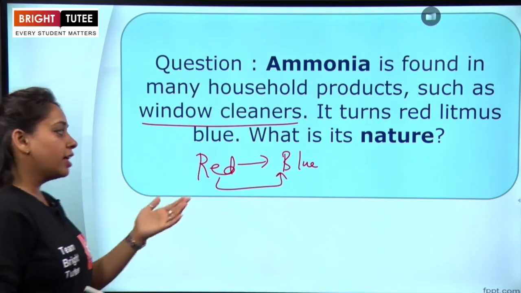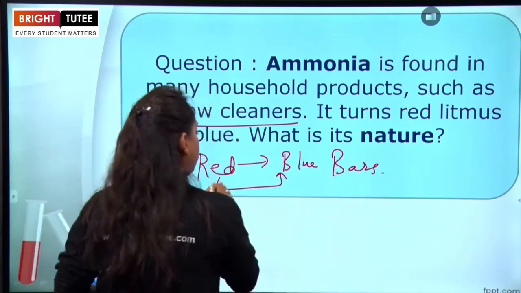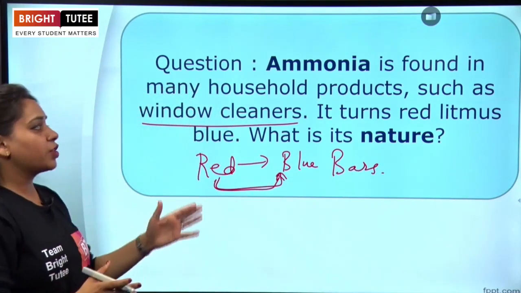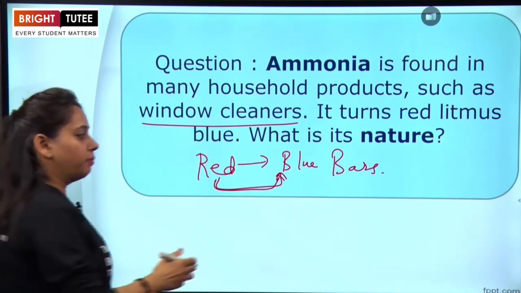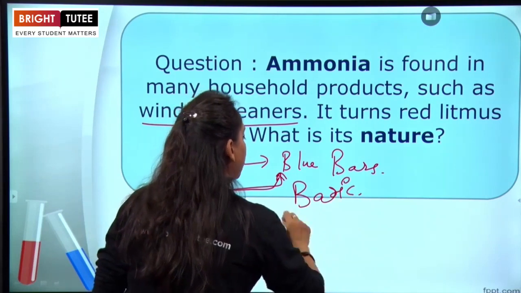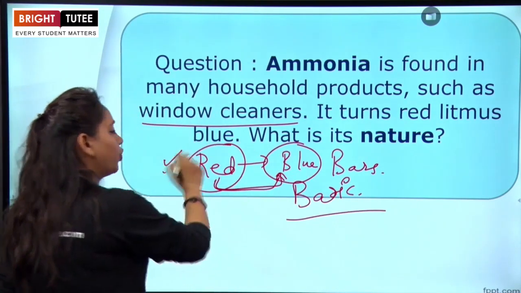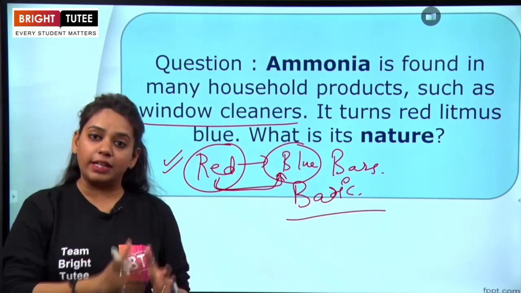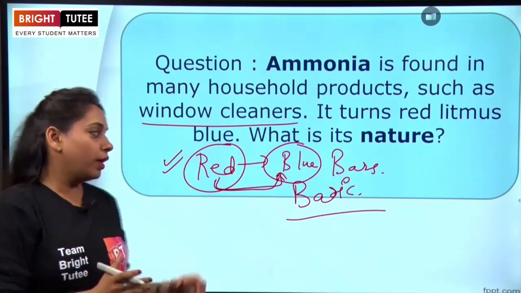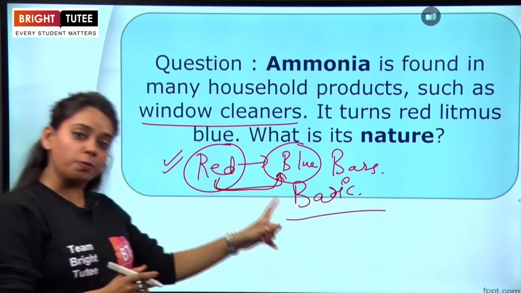And we know that bases turn red litmus into blue in color, and therefore we can comment about the nature of this product, that this product will be basic in nature. Why? Because it had turned red litmus into blue color. So you just have to keep in mind that indicators indicate whether a substance is acidic or basic by showing a change in color, and for bases it is from red litmus to blue litmus.